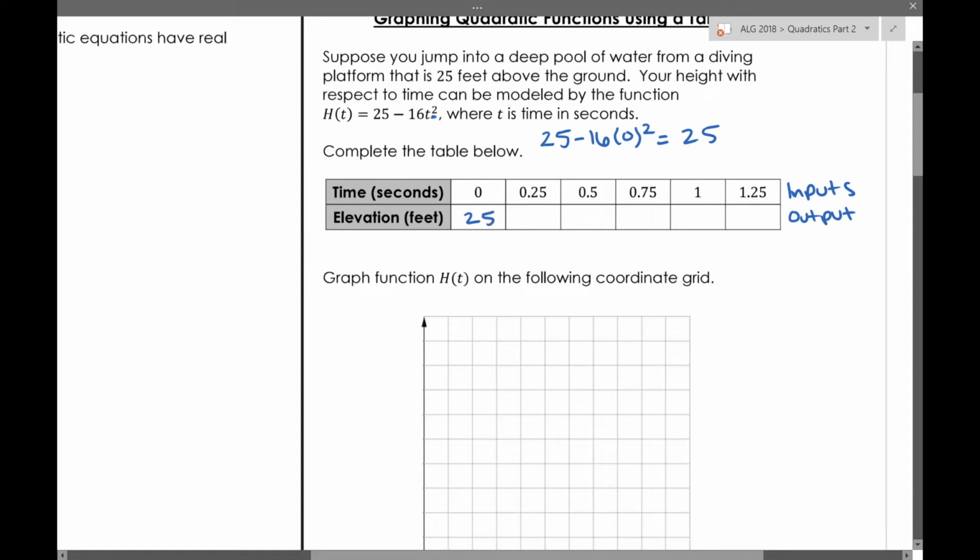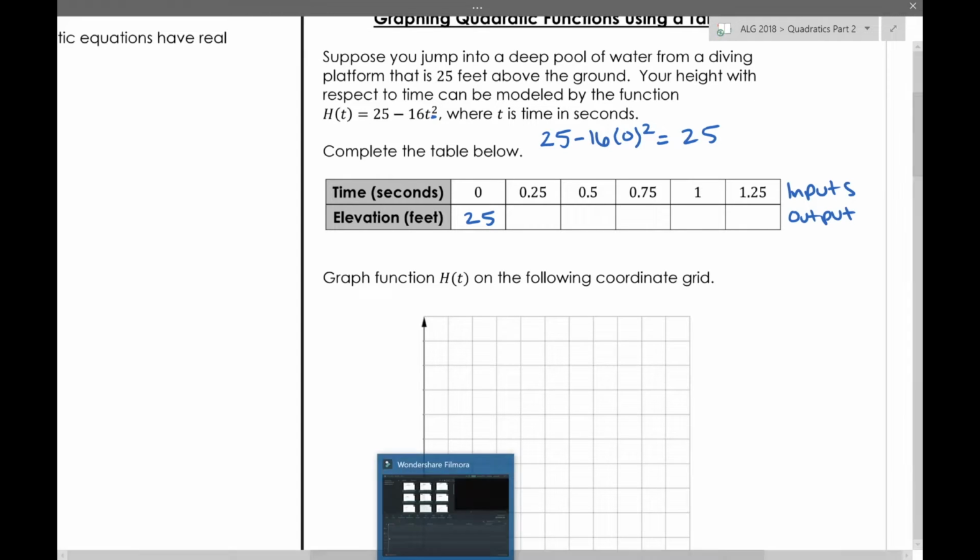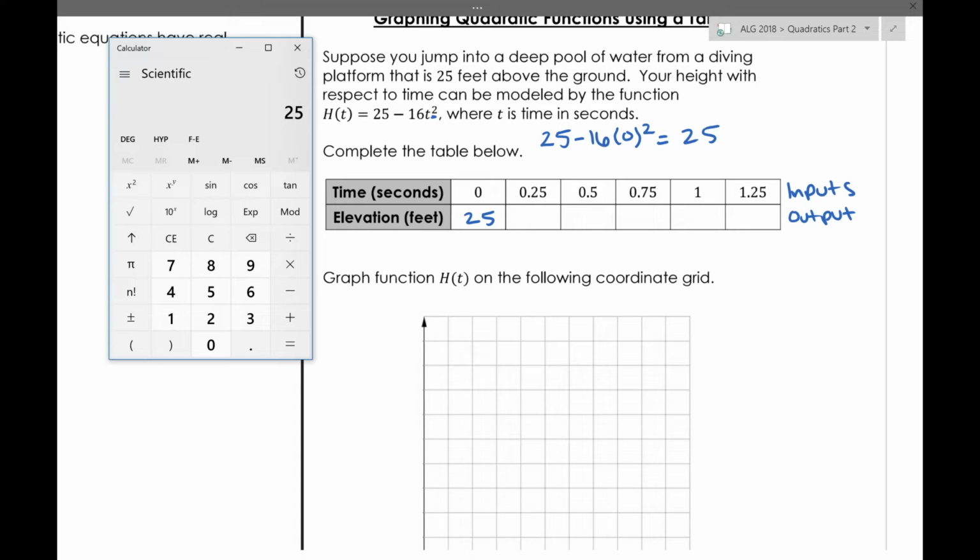Now I'm going to do that with all of these problems, and again, I can use the calculator. So I take out my calculator and I put 25 minus 16 times 0.25, and I'm going to square that number. It's going to equal 24.